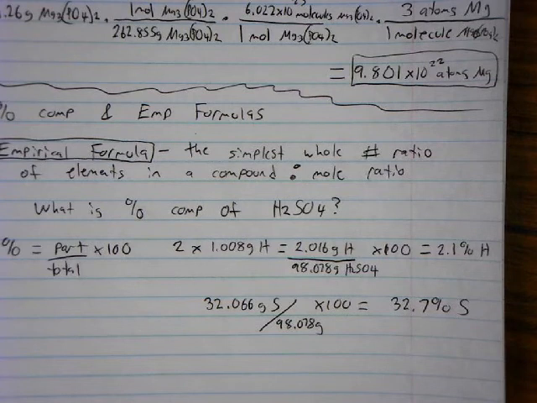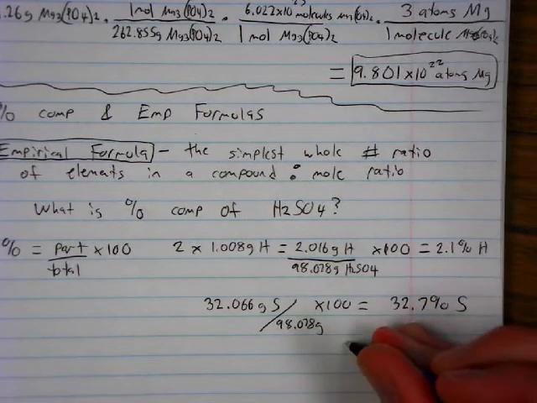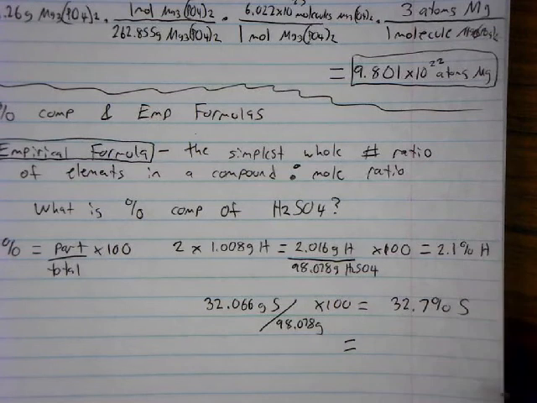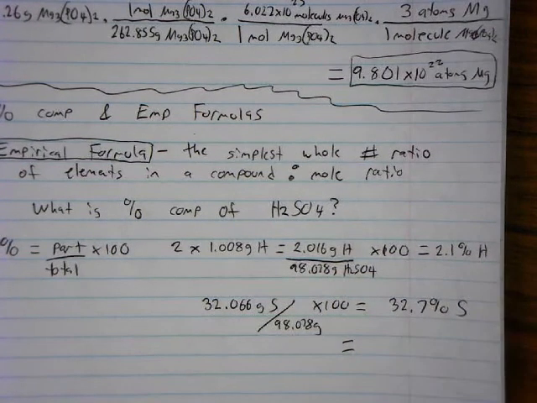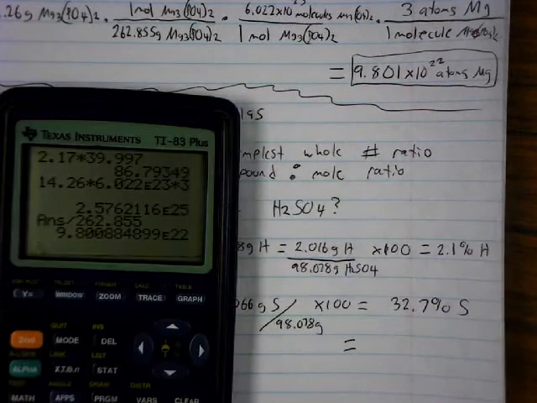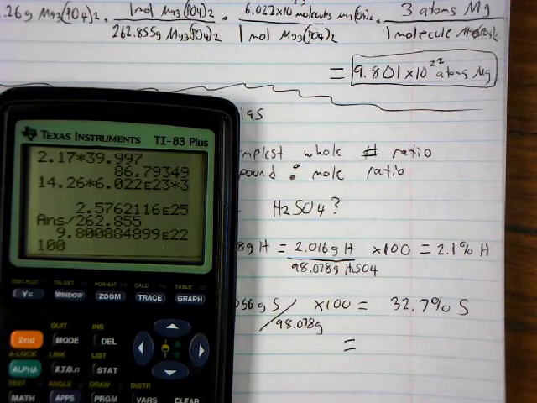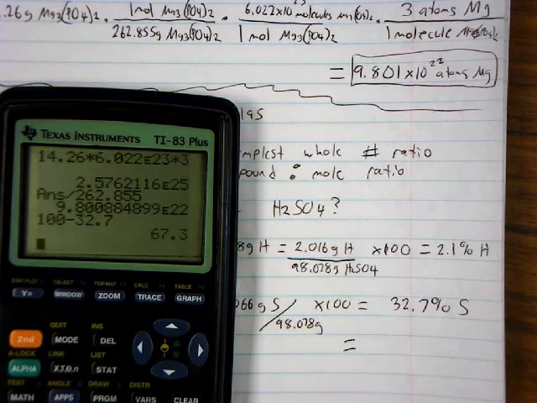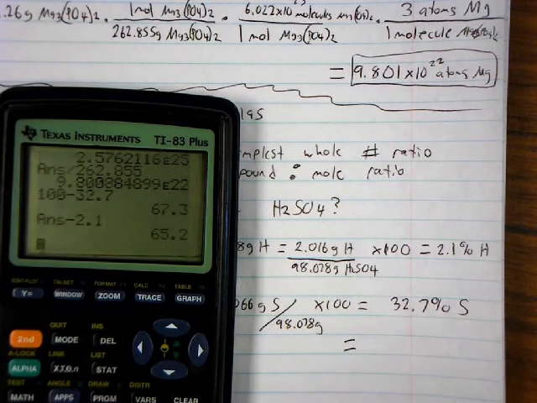At this point, you could do the same for oxygen. You could do 15.999 times 4 divided by 98.078, or you know these percents have to add up to 100.